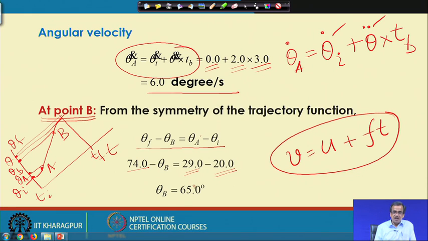If I calculate, you will get theta b equals 65. So, theta b can be determined as 65 degrees.